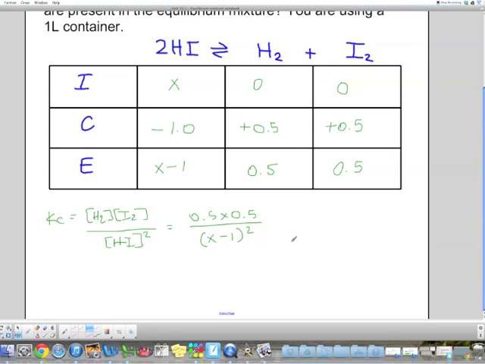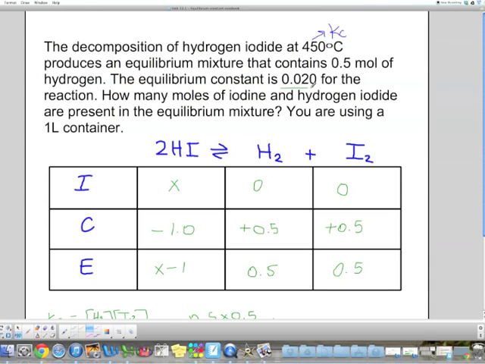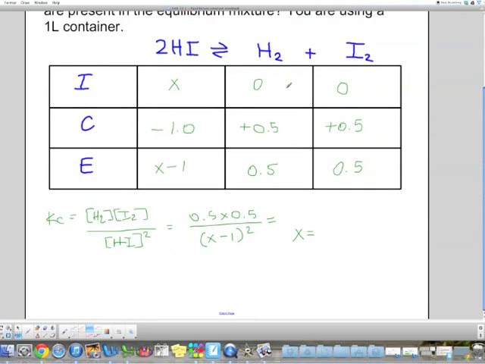So now I can solve and find the value of x. Now, the other thing is, sorry, I forgot to tell you, I forgot to put this here. So this is equal to, they were giving me the value of k over here. So it's 0.02. So all this is equal to 0.02.